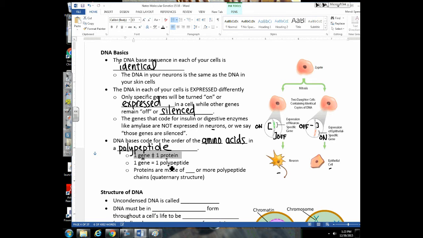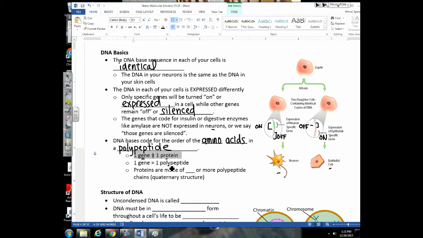But if you remember the proteins that we built, and they're still hanging up in our room, the ribbon models that we created, we had people in charge of one polypeptide chain and its folding, and then other people were folding their polypeptide chains as well. And at the very end, we were talking about the quaternary structure of proteins. Then we put several polypeptide chains together to make a protein.